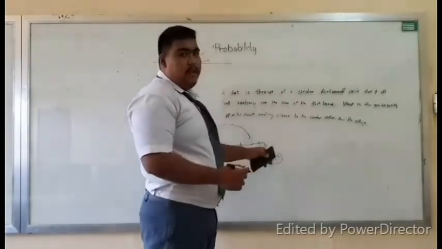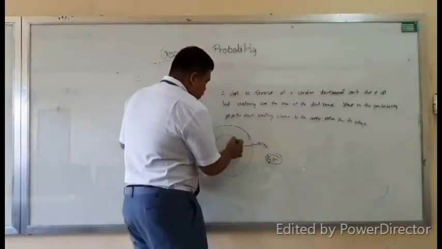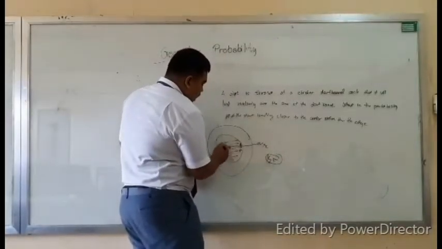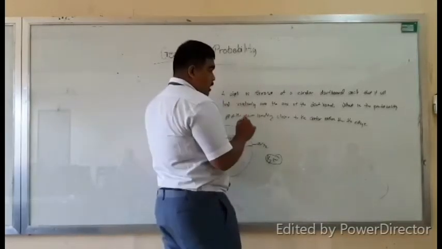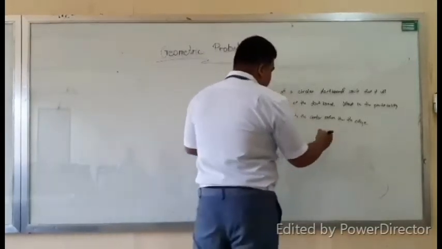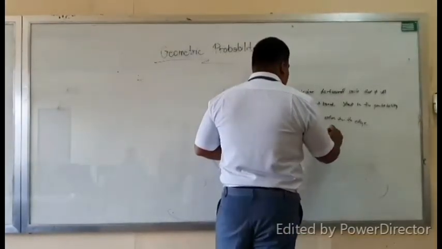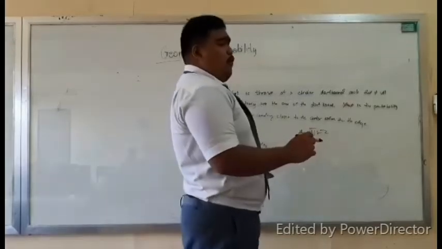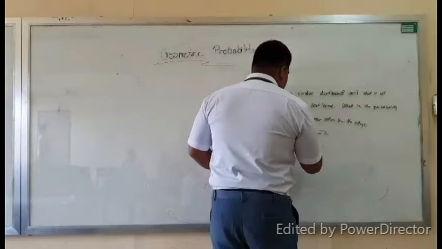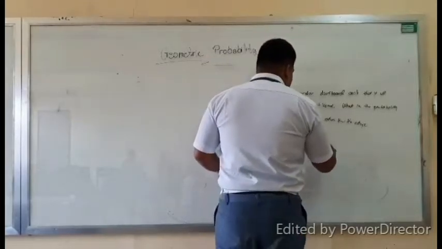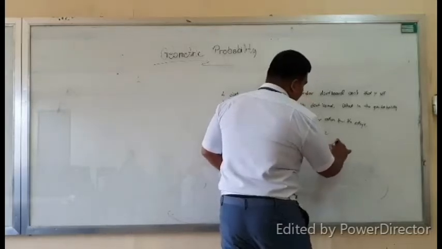First we need to find the areas. The whole dartboard is the total outcomes, and this is the outcomes we desire. The area of the dartboard is pi r squared, and the area of our desired outcomes is pi (r over 2) squared.